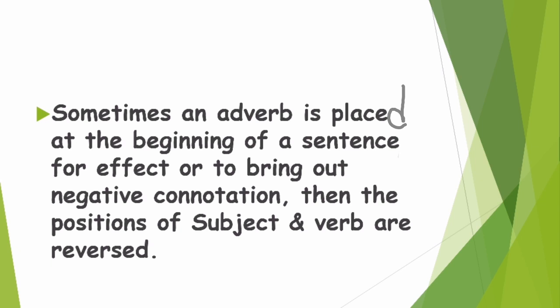Then the position of subject and verb is reversed. Sometimes we place an adverb at the beginning of the sentence only, just to bring out the effect, to give our sentence a proper effect and to bring out negative connotation. If we have used a negative word in our sentence, to bring out more negativity, we use such negative words in the starting only.